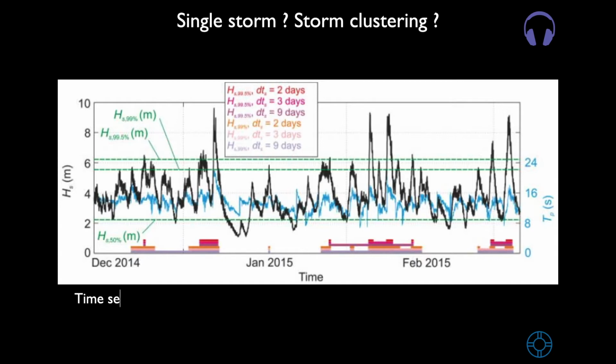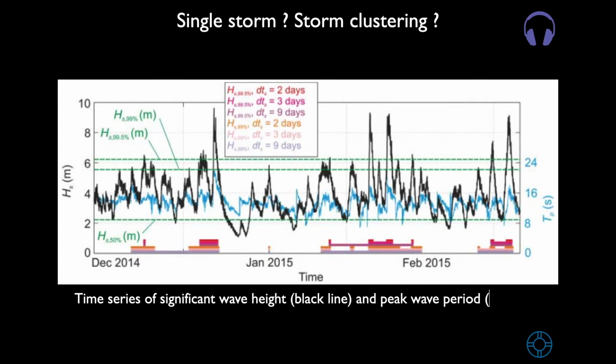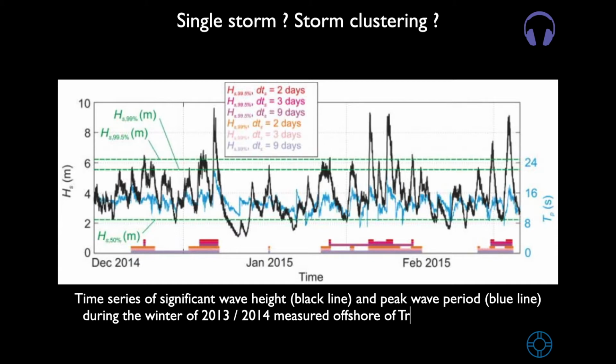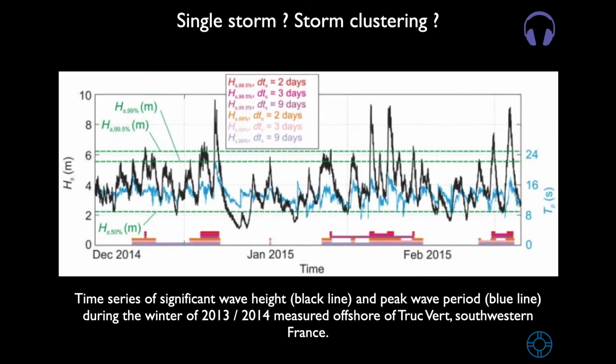This graph shows a time series of significant wave height in the black line and peak wave period, the blue line, during the winter of 2013 and 2014, measured offshore of Truc Vert, southwestern France.